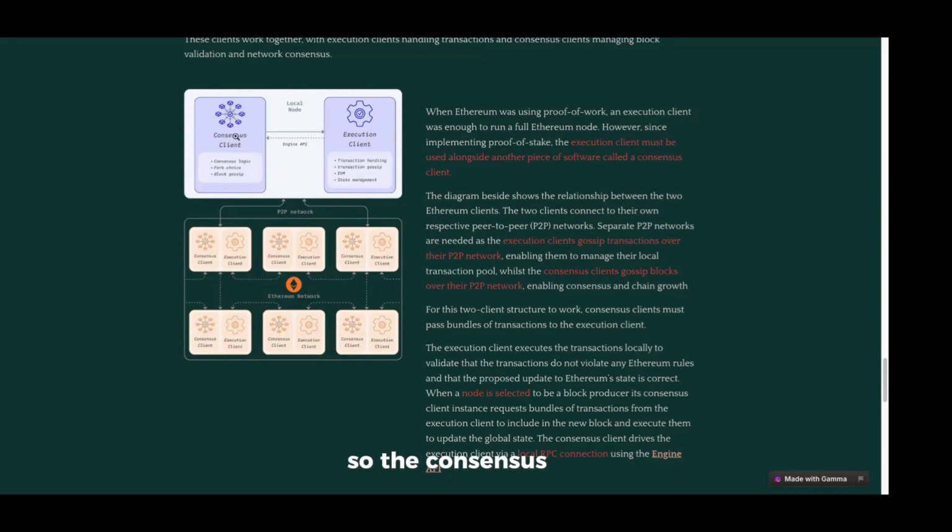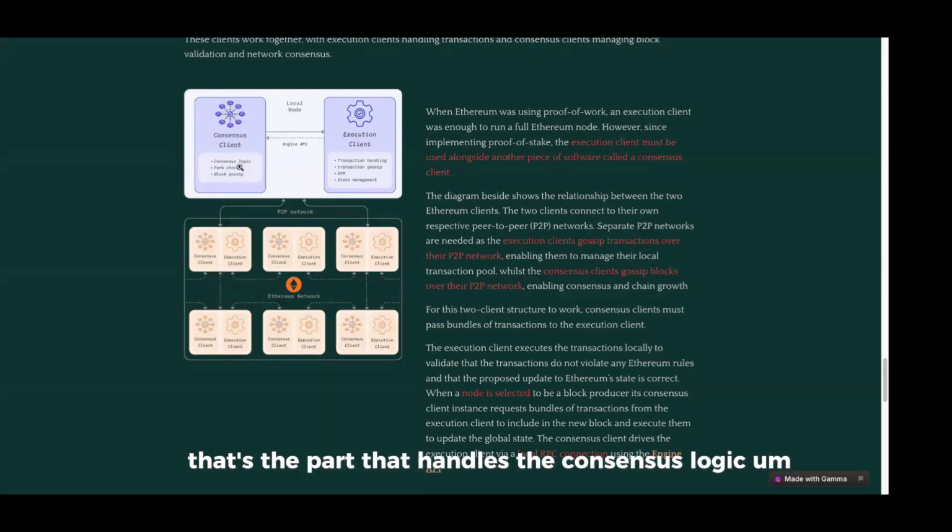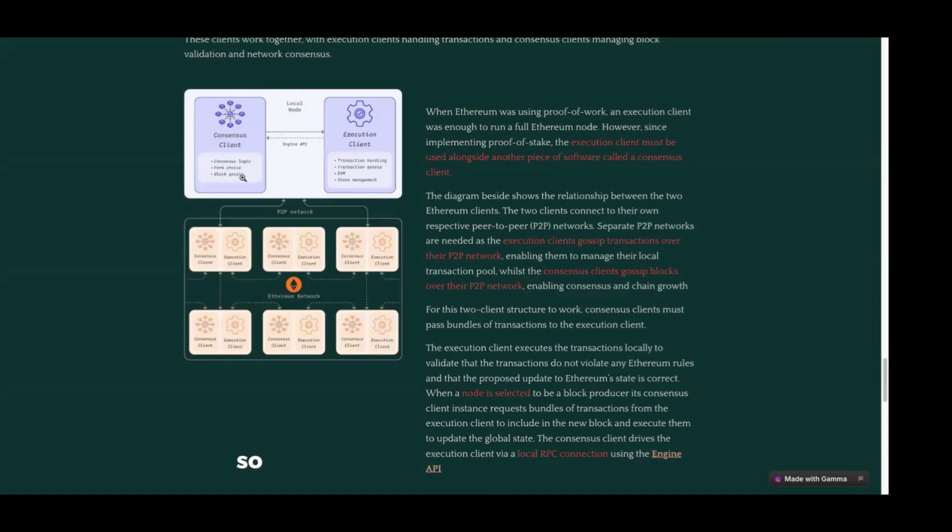The consensus client is the part that handles the consensus logic, fork choice, and block gossip. If a new block is created, it spreads it across the network, saying hey, we have a new block. So you just gossip it around.